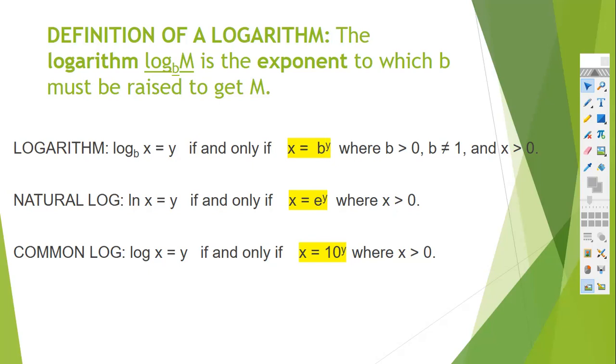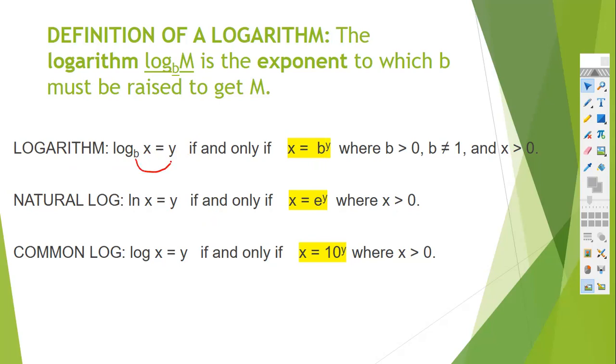All right. So when we look here, we have the logarithm log base b of x equals y. Log base b of x equals y can be written as an exponential, x equals b to the y. The best way to remember that is what I call the arrow test. The base of your exponent is the base of your log.